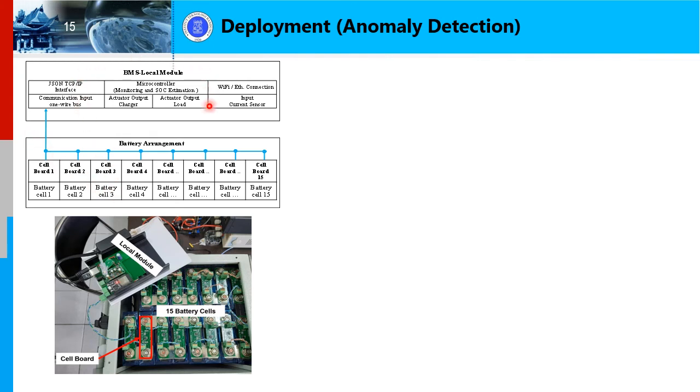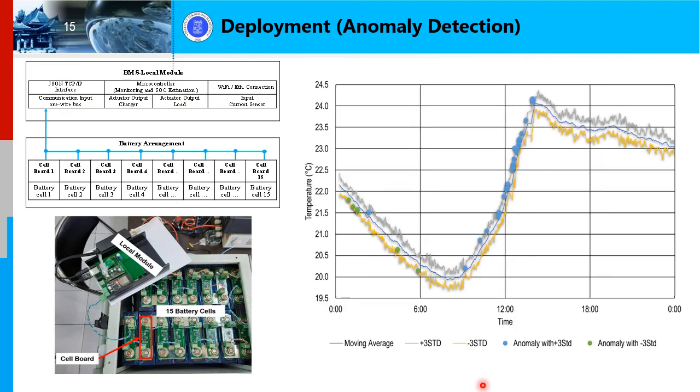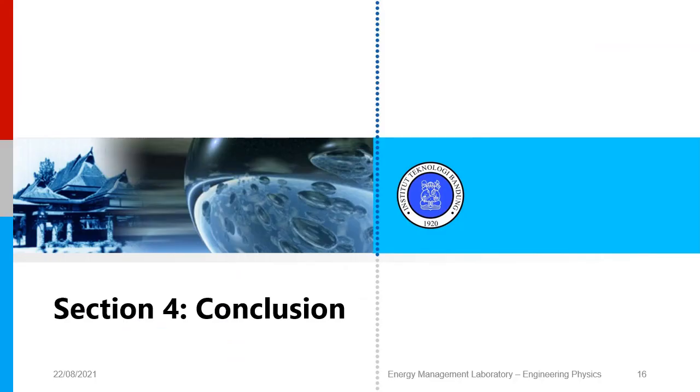So the algorithm is deployed in the local module to detect the anomaly behavior of each battery cell, and it detects possible anomalies as noted here in the blue dot and green dot. They are outside the 3 standard deviations that we use as the parameter for detecting the anomaly.